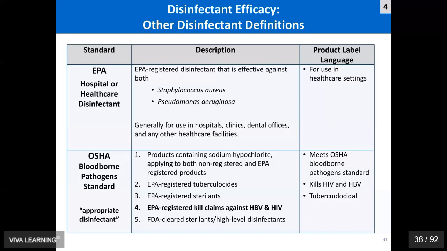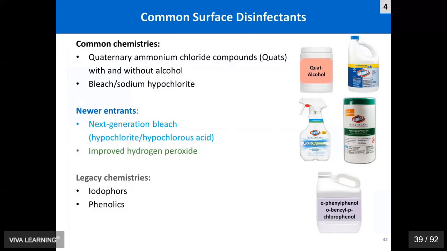These things would typically say on the bottle words like meets OSHA bloodborne pathogen standard, kills HIV and HBV, tuberculocidal. These would all be things that would be acceptable to OSHA.